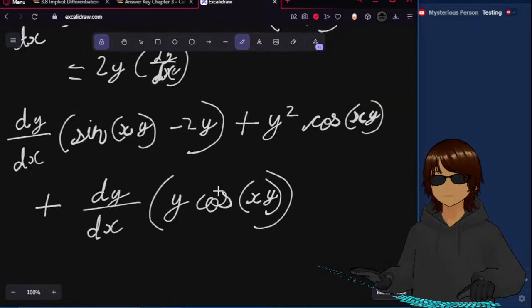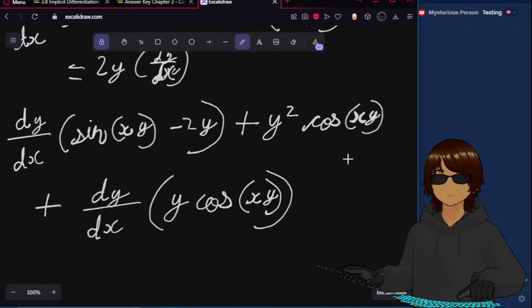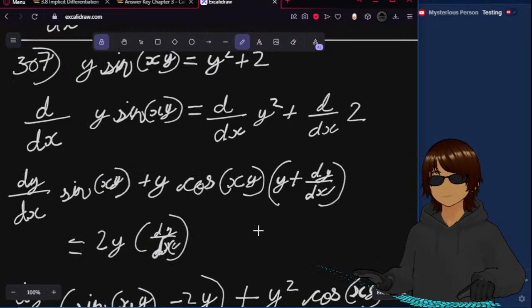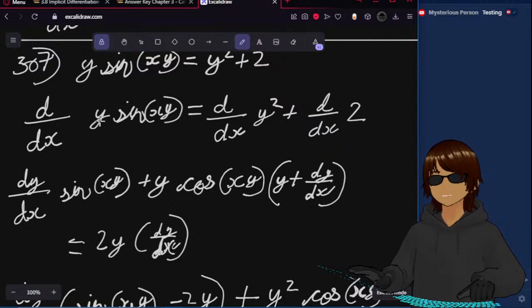Is this correct? I have no clue. If I make one mistake, it's going to have the snowball effect. Derivative of the first times the second, plus the first times the derivative of the second, derivative of the outside times the derivative of the inside. What's the derivative of the inside?